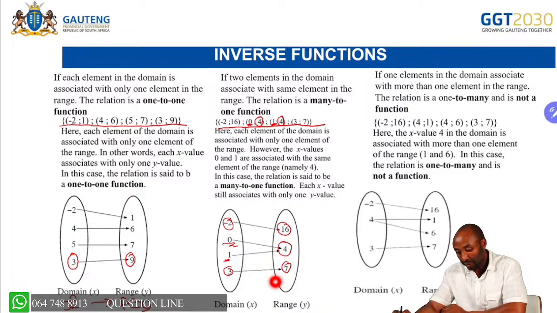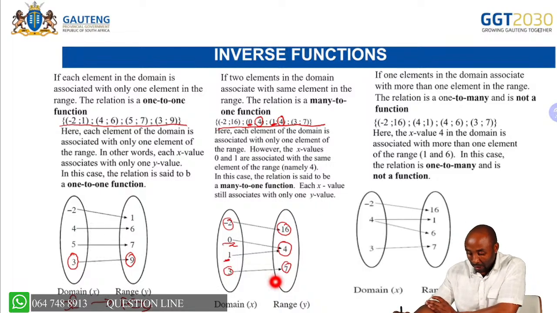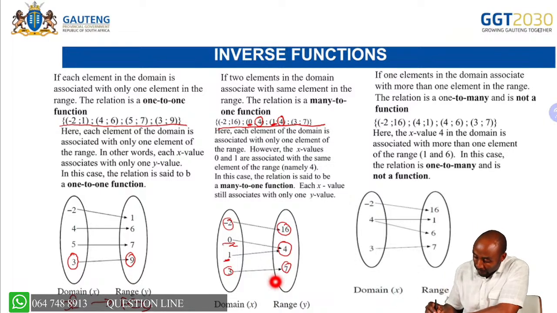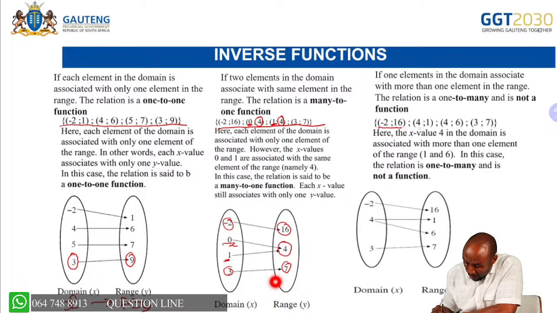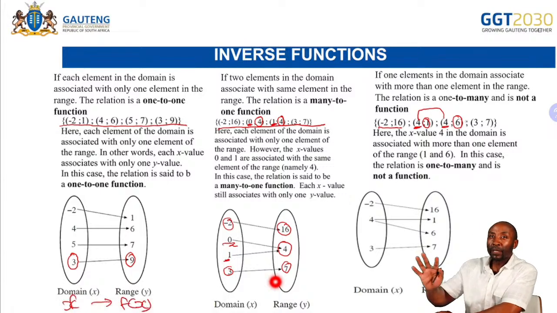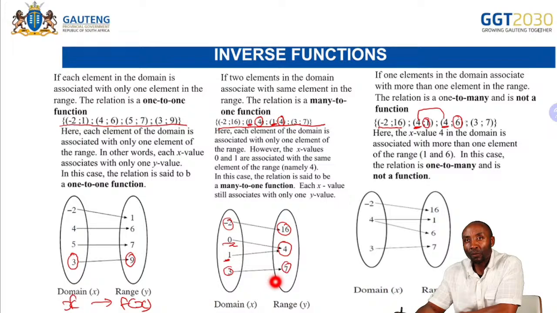Let's check and see. If you check, we have coordinates -2 and 16. We have 4 and 1. We also have 4 and 6. If you check on this one, I have a 4, on that one I have a 4, but they are mapping to different values of y.